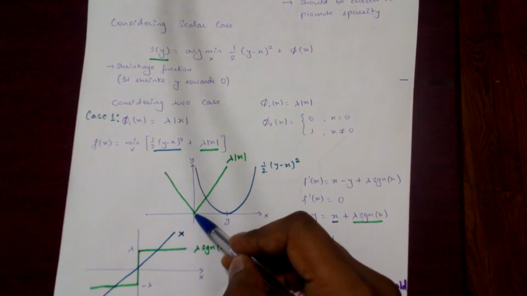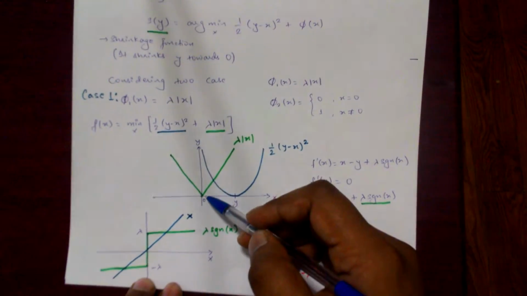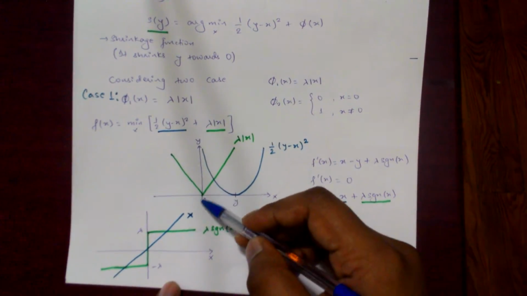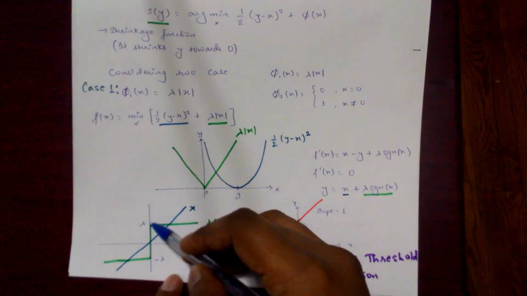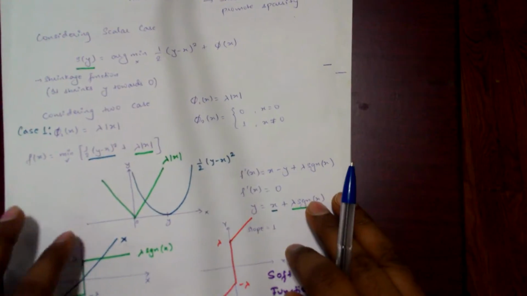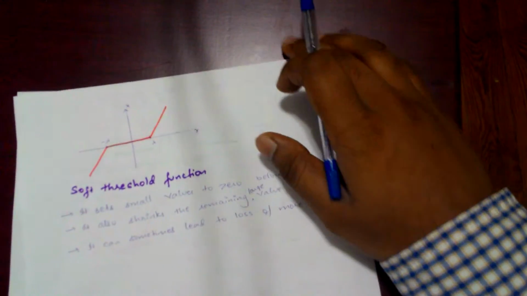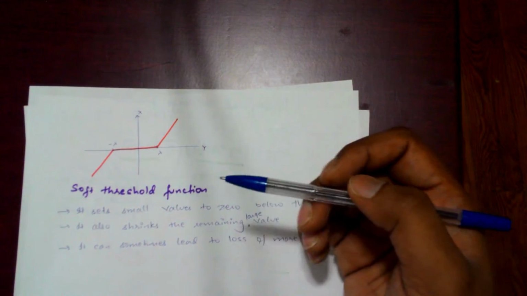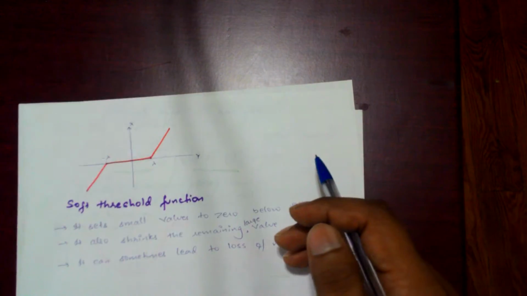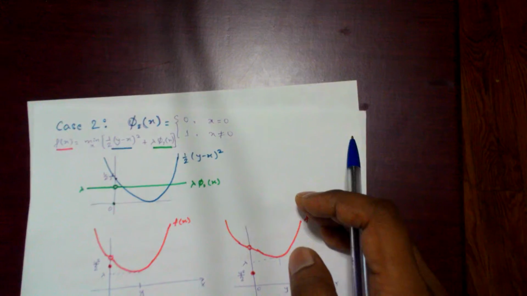As it is not differentiable at x equals 0, it forms a straight line, and this in turn gives me a soft thresholding function. The thresholding function sets small values to 0 and also shrinks the remaining larger values, so it sometimes leads to the loss of information.